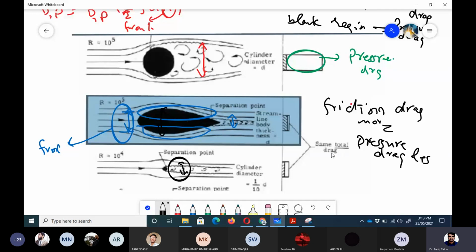So you can note this very interesting factor, that these two bodies, one of which is 1 by 10 of the other, have got the same drag force. So it means that if we can make the bodies more streamlined, then we would have very favorable results in terms of drag force. That was the major crux which I wanted to tell.